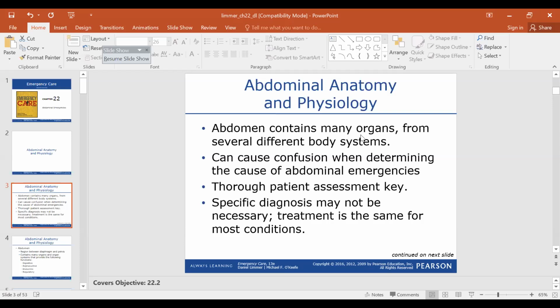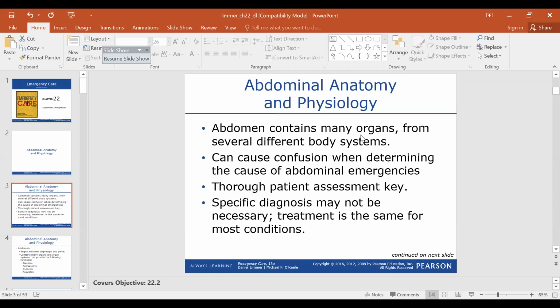And that's because there's so much going on in that area that you can't really pinpoint where that pain is actually coming from. And that's what makes it so difficult. Thorough patient assessment is key. Specific diagnosis may not be necessary. Treatment is the same for most conditions.